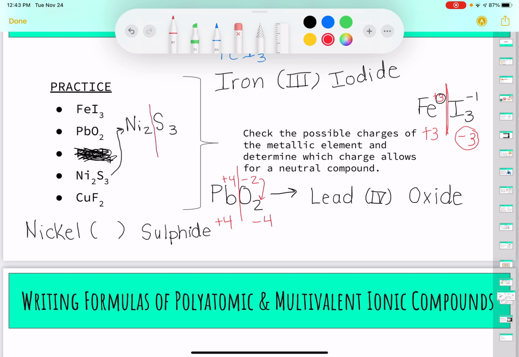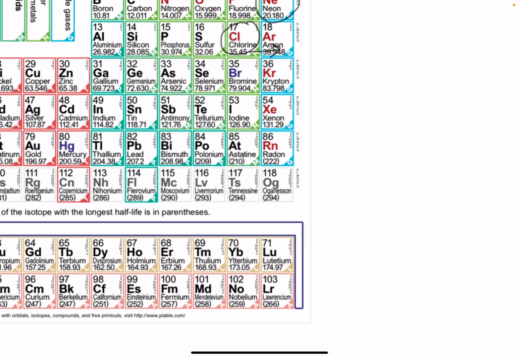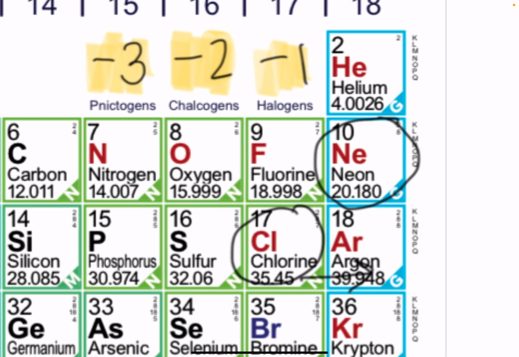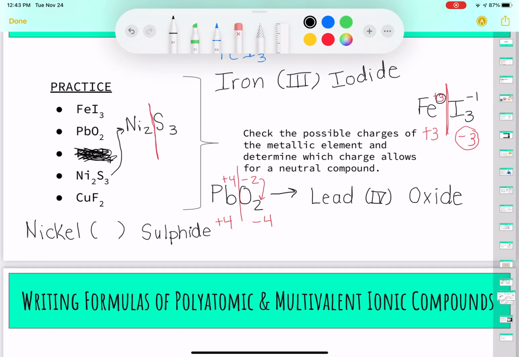We have to figure out what the charge of nickel is. So working backwards, draw our line down the middle and figure out what our charge is on S. S is number 16. It's in the -2 column. I think we already said that, but just to show you. So S has a -2 because there are 3 of them there.